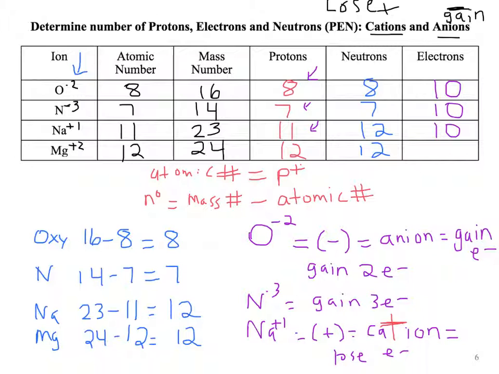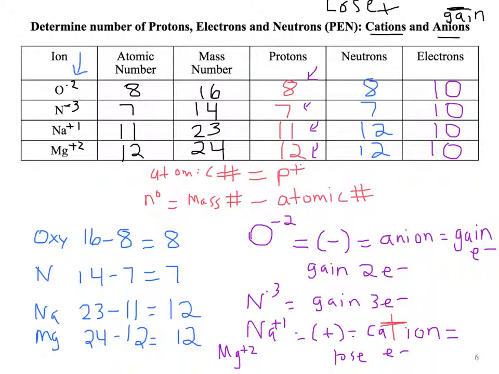And then if you have magnesium plus 2, what does that mean? You're going to lose 2 electrons. So if you're going to lose 2 electrons, 12 minus 2 is 10.